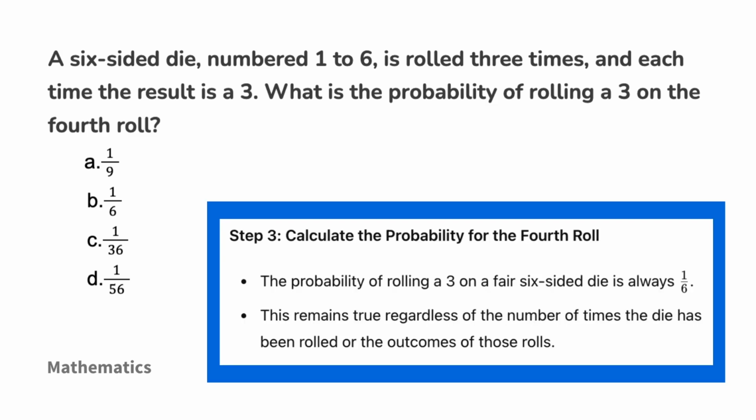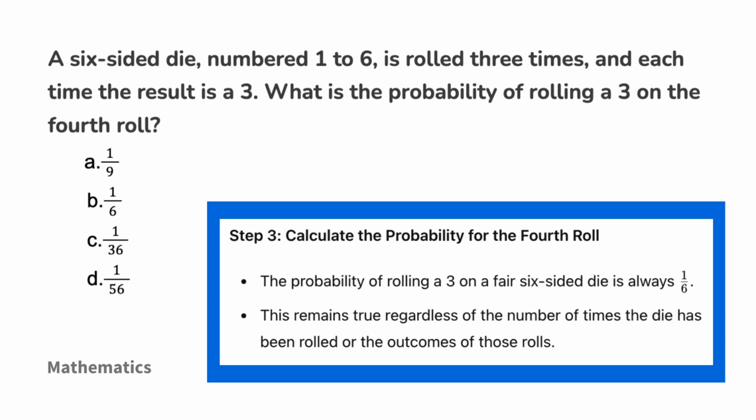And keep in mind that the probability of rolling a 3 on a fair 6-sided die is always going to be 1 out of 6. This remains true regardless of the number of times the die has been rolled in the past, or the outcomes from the past. With this being said, remember that on your teacher certification exam, you may receive problems that provide information that doesn't actually have use to you, such as the past performance of the other rolls.